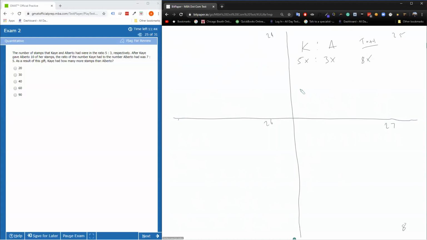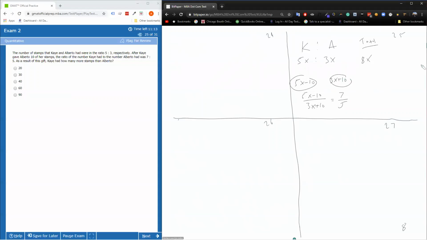K gave Alberto 10 of her stamps. So she now has 5x minus 10 stamps. He has 3x plus 10 stamps. The ratio of the number K had to the number Alberto had was 7 to 5. So 5x minus 10 over 3x plus 10 equals 7 over 5.